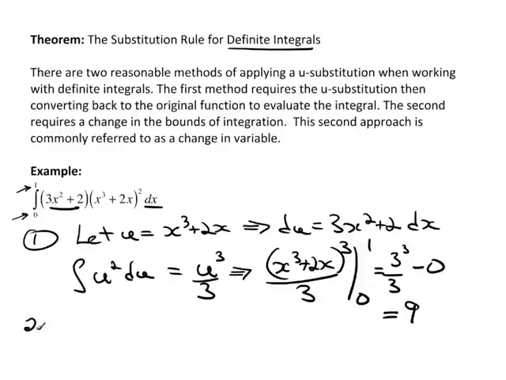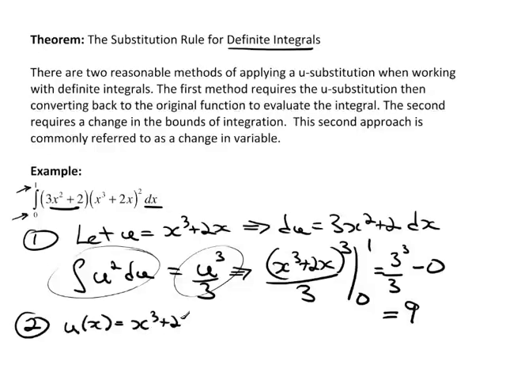Now, the second process would be to do exactly like I did, only I'm going to make one modification. I'm still going to use a u substitution. I'm still going to end up right here with u cubed over 3, but the difference is I'm going to look at u as a function of x. So I'm going to say u of x equals x cubed plus 2x.